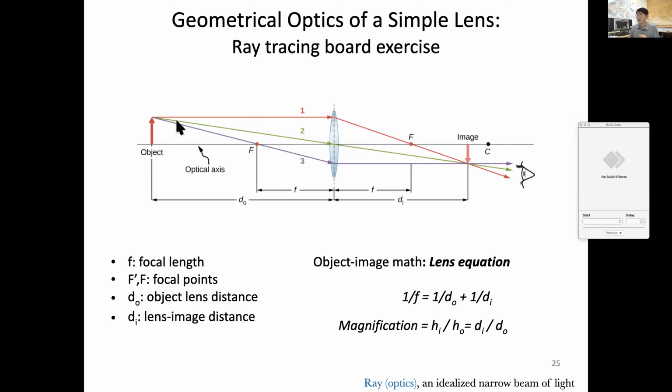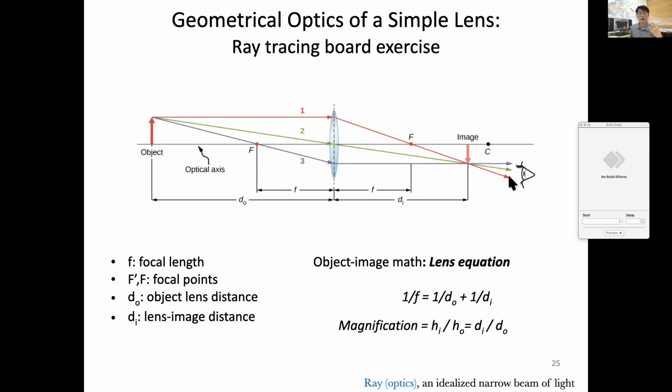So if an object is there, you have a lens. The most important thing is you mark the focus. The role of the focus is, if the rays are parallel to the optical axis like this, it must go through the focus. So this red ray goes like this.